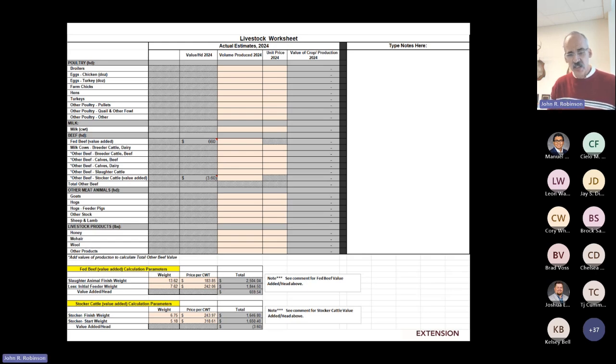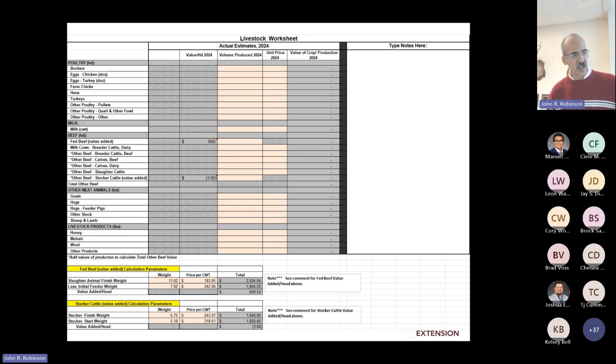There may be 1,000 mama cows, and they may be worth $1,000 a piece, but that's not value of production. Production is calves who are born, or horses who are born and sold. So it's animals that are born and sold. It's the value per head of that, or for fed beef, the value of their gain, and stockers, the value of their gain. But the error is when people report the value of the inventory of animals.